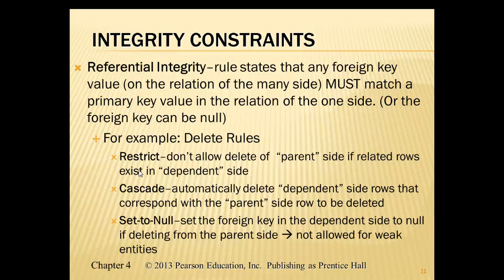So basically what that means is that the foreign key in one relation must tie back to a primary key in the associated relation. Now if that relationship is optional, then that foreign key can be null. If the cardinality, more precisely, is mandatory, then that foreign key must contain a value.